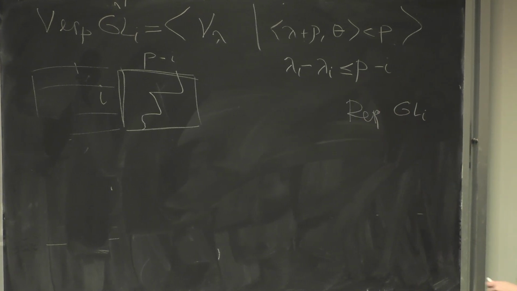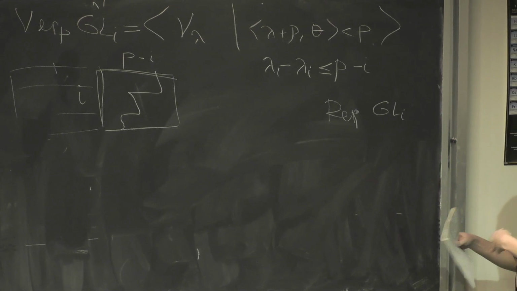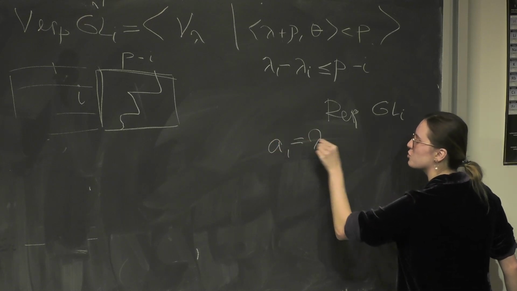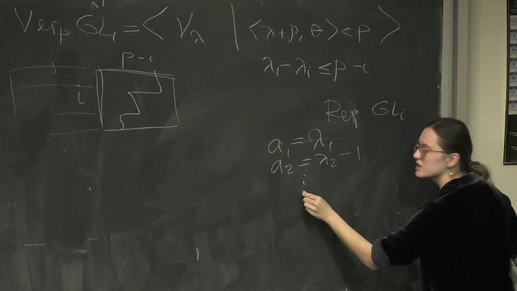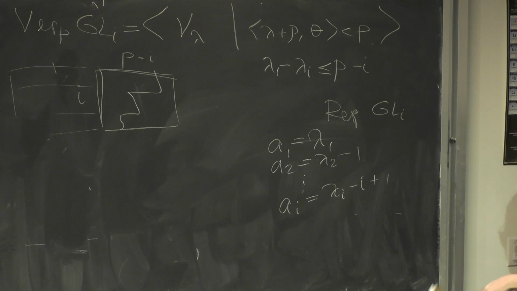One way to decode those is to shift lambda by some row. You can start with some number A1, which is lambda 1, A2, which is lambda 2 minus 1, and so on, AI, which is lambda I minus I plus 1. And now they are strictly decreasing.